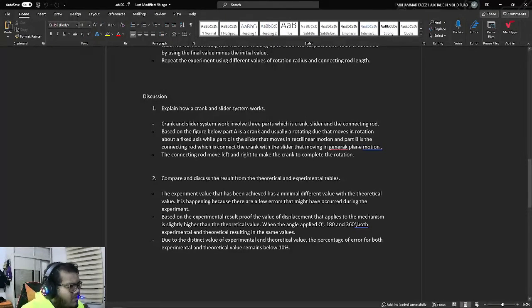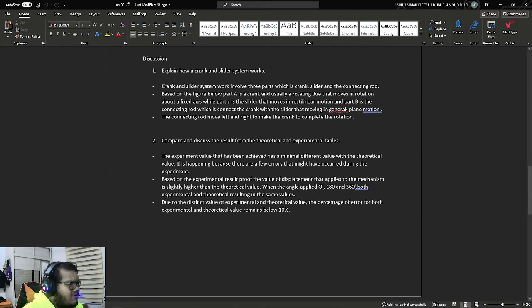Based on the figure below, part A is the crank, usually rotating, that moves in rotation about a fixed axis, while part C is the slider that moves in rectilinear motion, and part B is the connecting rod, which connects the crank with the slider and moves in general plane motion. The connecting rod moves left and right to make the crank complete the rotation.